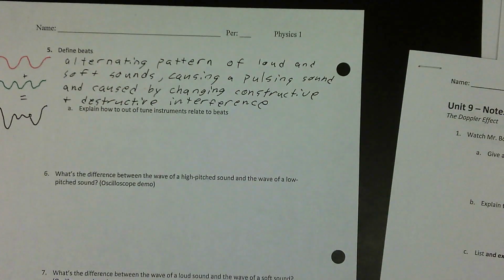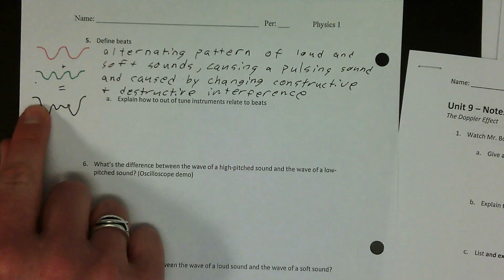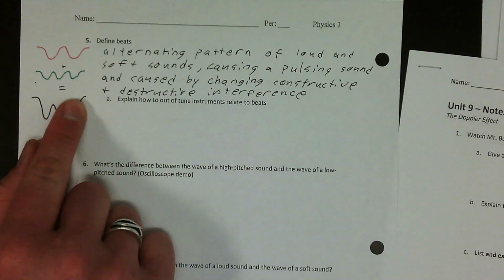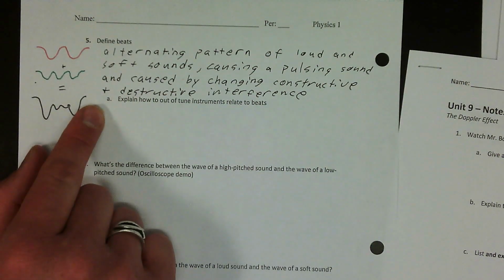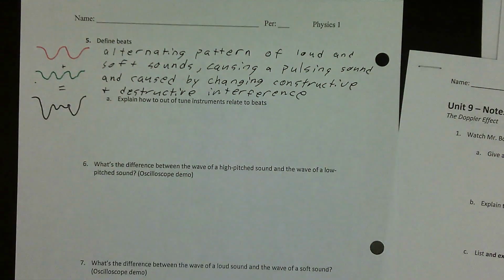Something like that. So that's that pulsing. You hear a wah, wah, wah, wah. See, I know you'd love hearing my voice doing that. But that's kind of the idea.